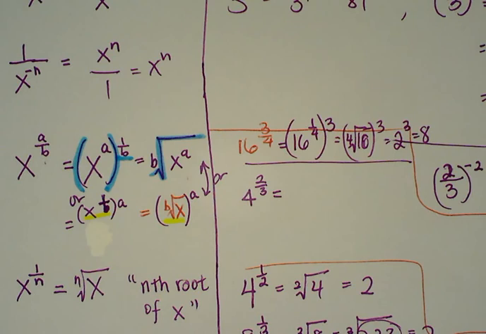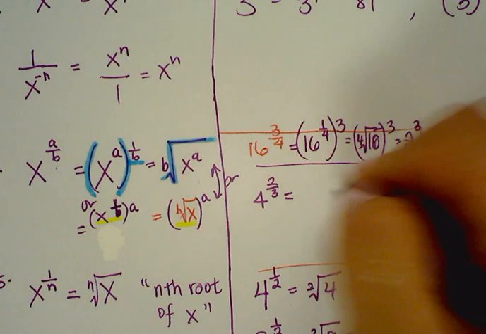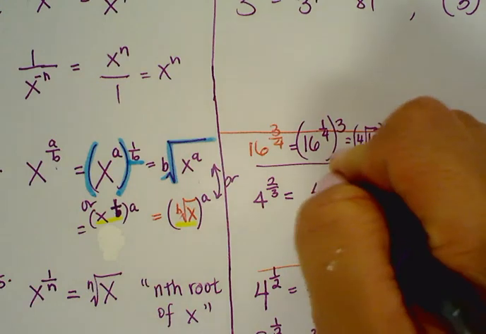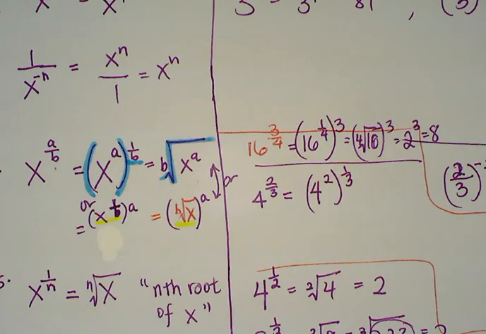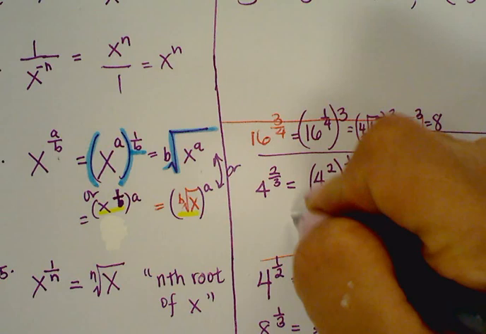Do you guys think this one would be easier to do 4 squared first or the cube root of 4 first? Because there's no perfect cube root of 4, right? So this is one where I'd rather do this first and then cube root it, huh? Right? So what's 4 squared? Is it 8?